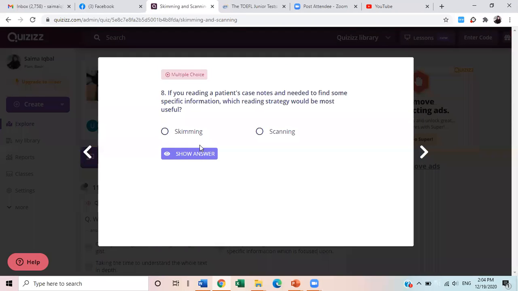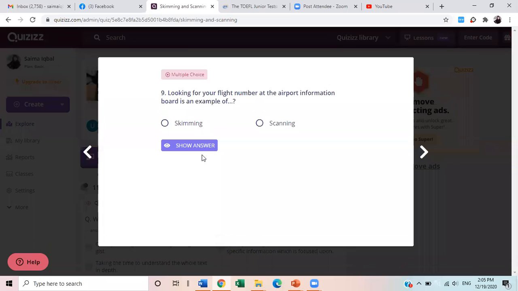If you're reading a patient's case notes and need to find some specific information, which reading strategy would be most useful? Scanning. Great. Excellent. Now you understand with the help of these examples.